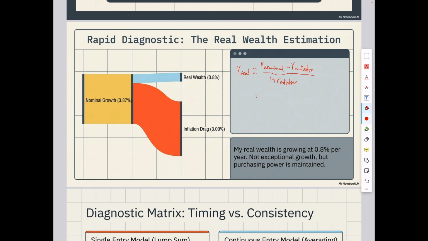So if I plug in the numbers, over 1 plus 0.03, I will get 0.008456, which in terms of percentage is 0.847%.